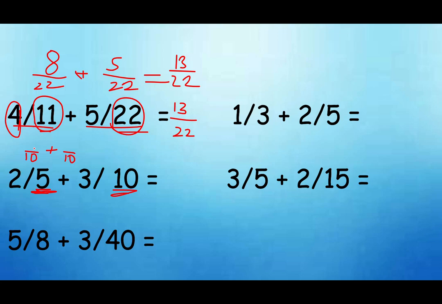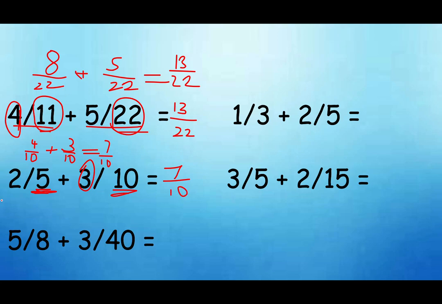So 2 times 2 is 4. Since 10 is already there for the denominator, we don't need to do anything to this 3. So 4 add 3 equals 7 tenths. Do not do anything to the denominator as well.